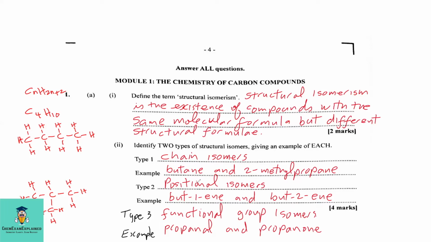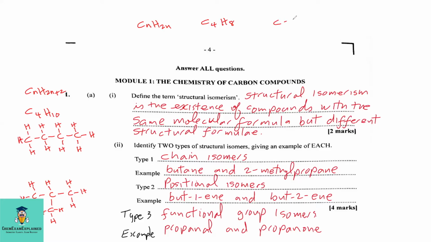A positional isomer would be for type 2, where I could use an alkene. And let's go with CnH2n. So that alkene, let's go again with 4 carbons. So that's C4. 2 times 4 is 8.